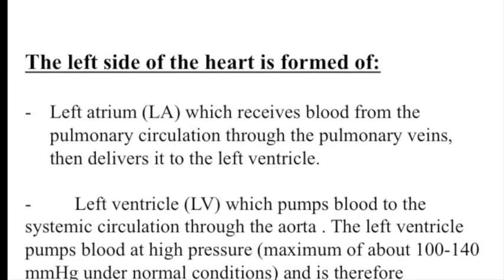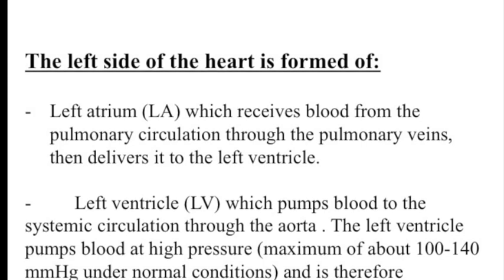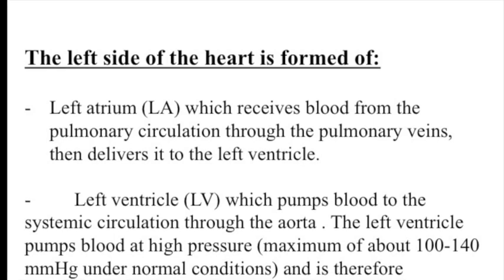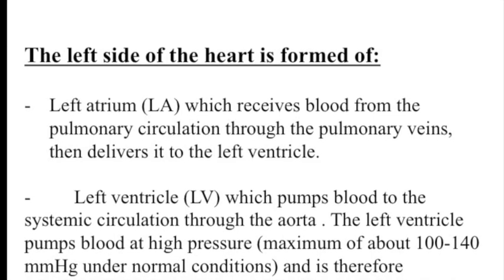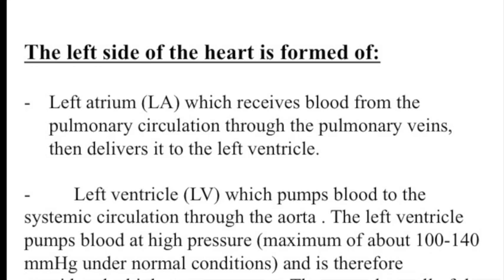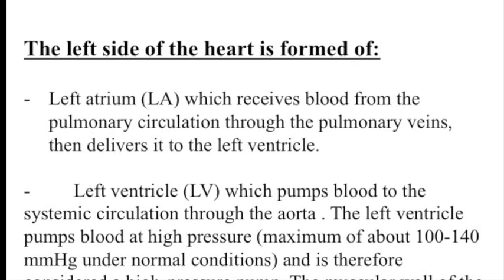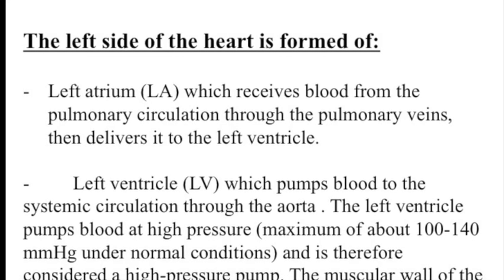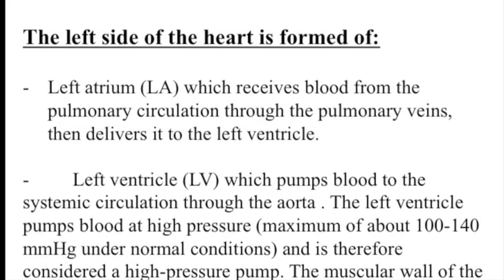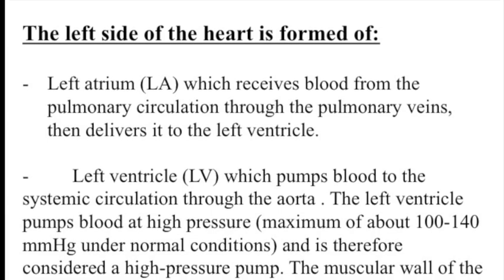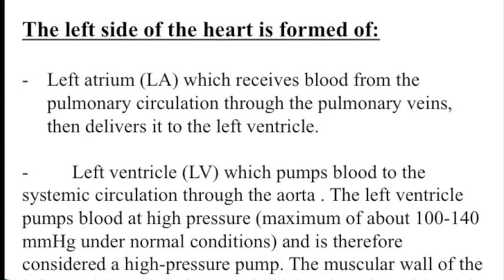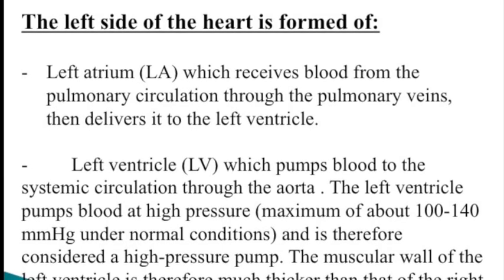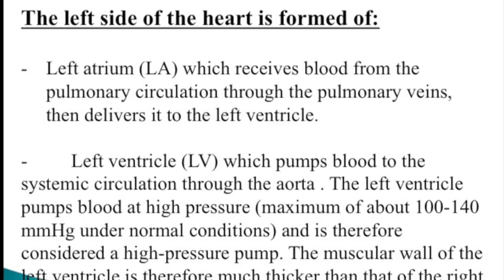On the other hand, in slide 9, we can notice that the left side of the heart is formed of the left atrium and the left ventricle. The left atrium receives blood from the pulmonary circulation through 4 pulmonary veins, then delivers it to the left ventricle through the mitral valve, while the left ventricle pumps blood to the systemic circulation through the aorta.